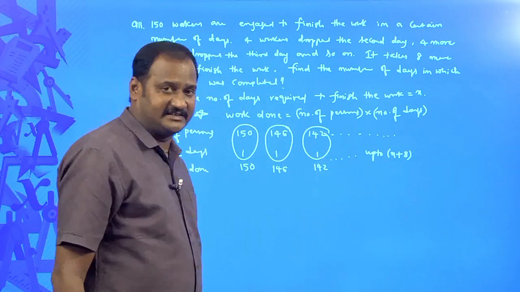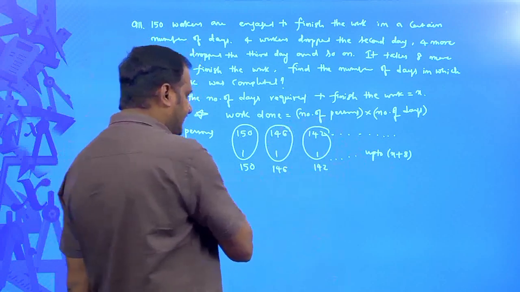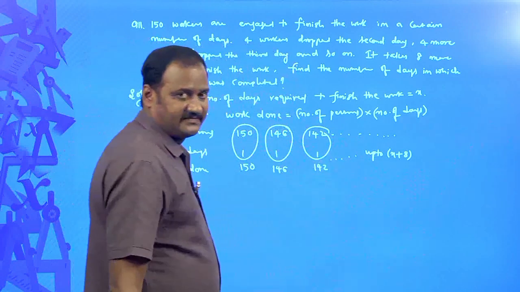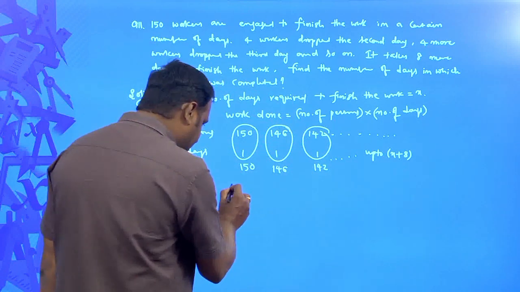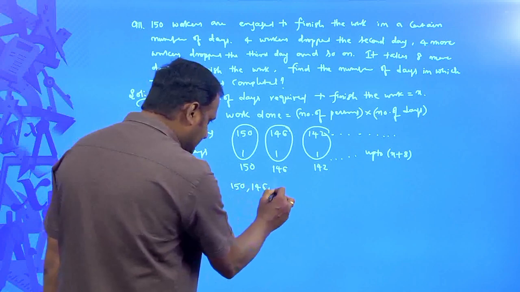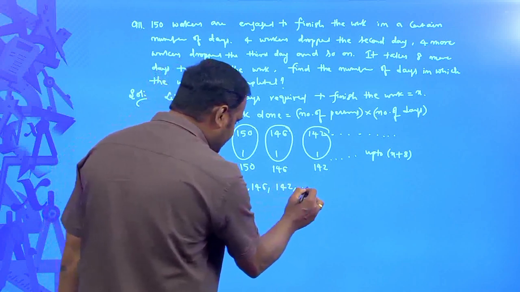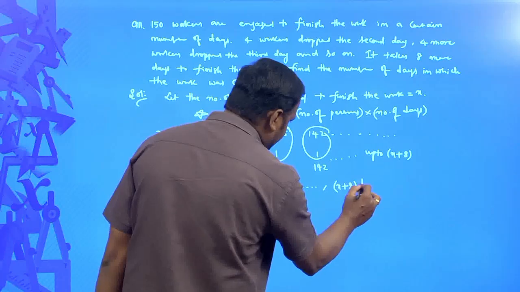X plus 8 days. Since there are x plus 8 days, there are x plus 8 terms. In these x plus 8 terms, the first term is going to be 150, second term 146, third term 142, and so on.